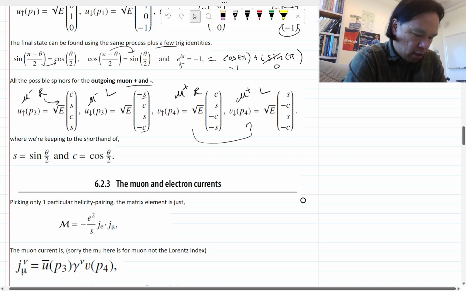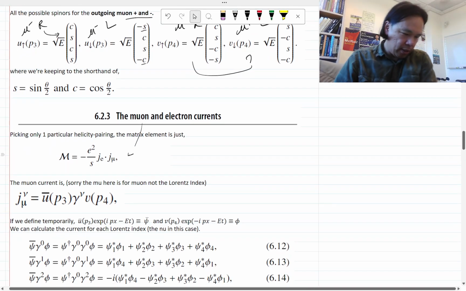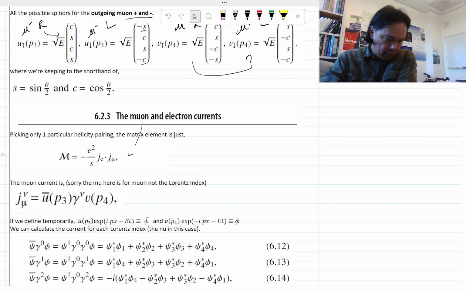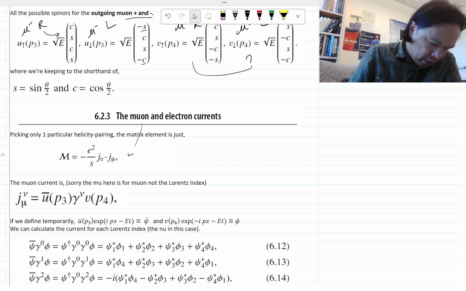Whew. Okay, so now let's put all this together and see what happens. Let's pick one particular helicity pairing just to see what this calculation looks like.